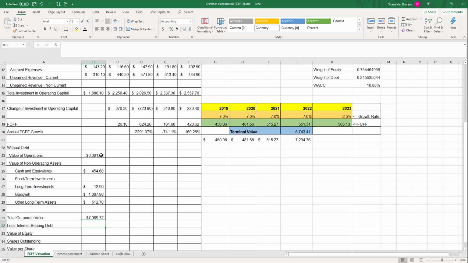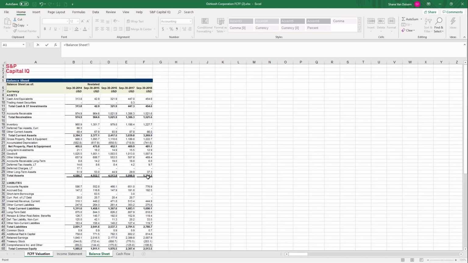We want to subtract out the interest-bearing debt for the firm at the end of 2018. And so that interest-bearing debt is going to be equal to, go down here under liabilities, the current portion of long-term debt plus short-term borrowings, which were both zero in this case, plus the long-term debt of the firm.